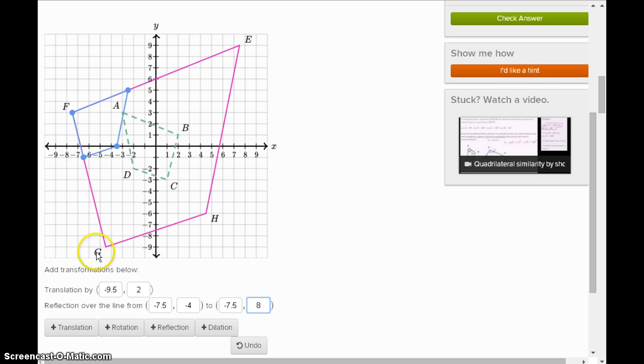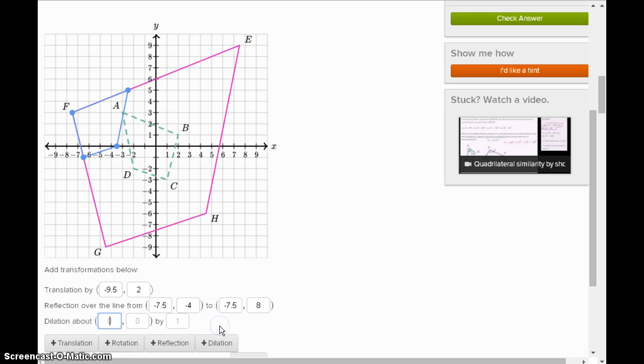Because I can see that I've moved here, right? And what I did was I went down 1, 2, 3, 4, and over 1. So how many more times do I need to do that? 1, 2, 3, 4 over 1, and again. So if I were to repeat this 3 times, I think I could dilate this from point F, right?